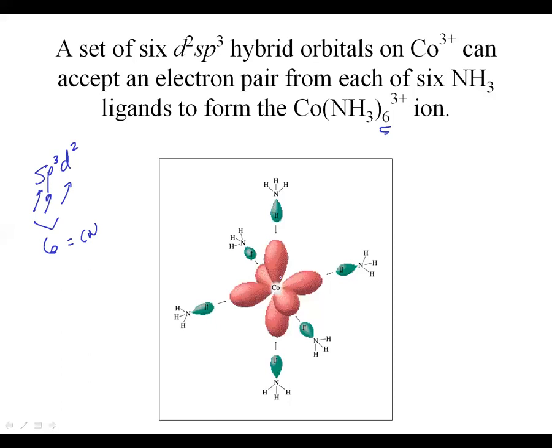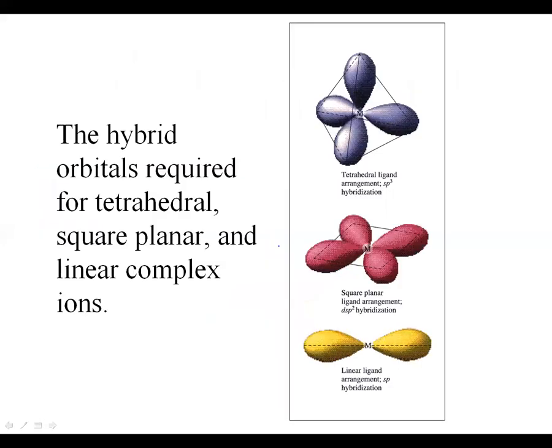Our cobalt, which is positively charged, is deficient in electrons, and here our Lewis base donates electrons into these d orbitals of the metal. Some other hybridizations: sp3, if you count that up, is 4, so that's a coordination number of 4.